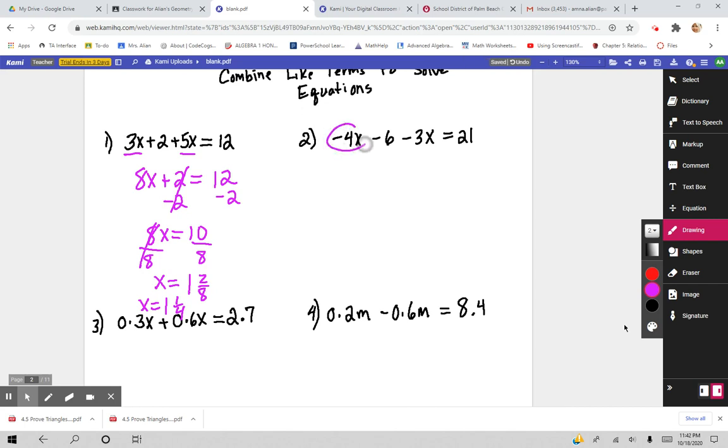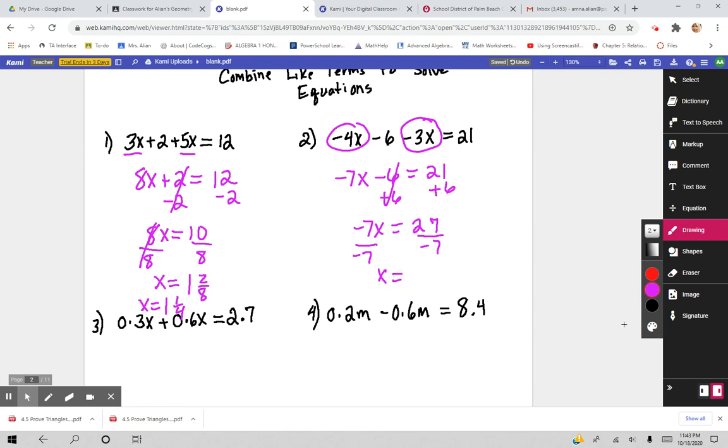So you have negative 4x minus 3x. These are like terms that we can put together to give us negative 7x. Copy the rest of the equation. Add 6x to both sides. Negative 7x equals 27. Divide both sides by negative 7. Okay, so 7, just think about 7.